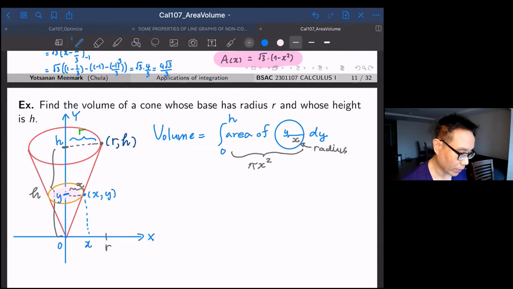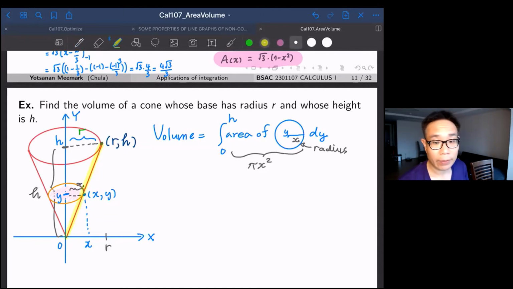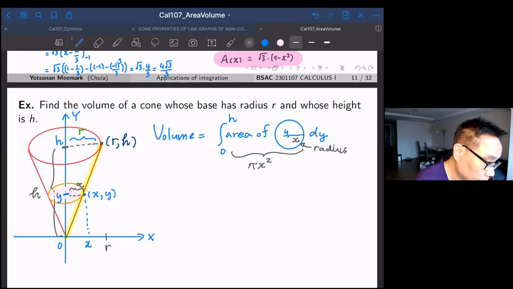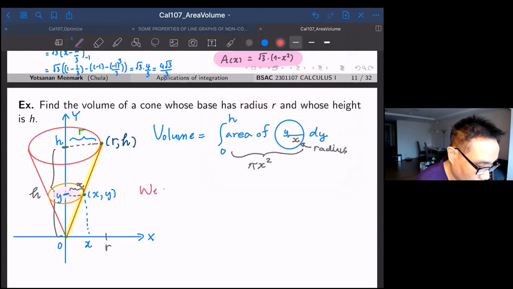Okay, so just the point (x, y). However, (x, y) is on this line. So (x, y) is on the yellow line. So we need the relation between x and y.